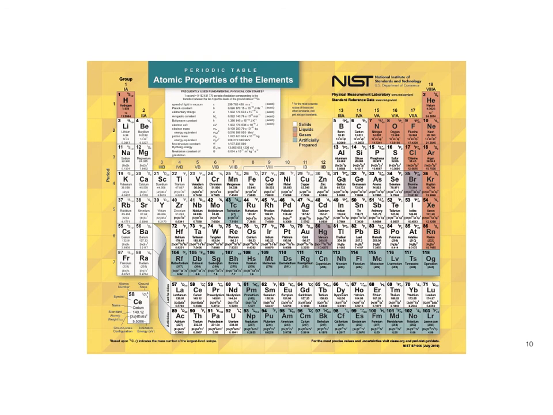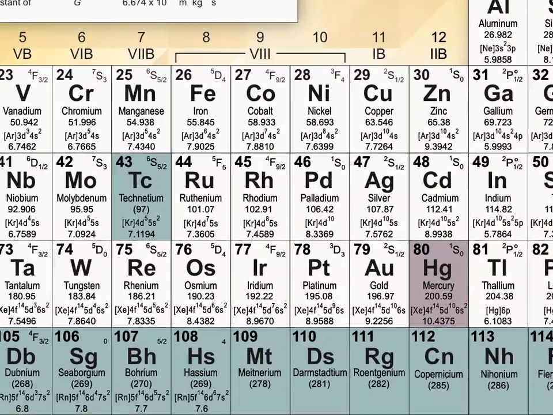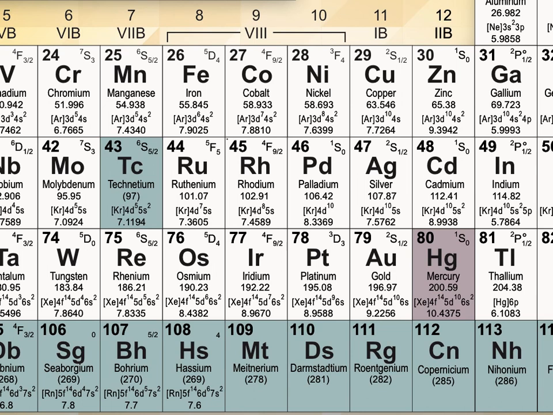So this is a copy of the NIST periodic table. NIST is the National Institute of Standards and Technology. And so if we were to zoom in on rhodium here, let me use a highlighter so we can see it and it won't color anything. So here we can see lots of information. Some of this information doesn't mean a lot to us. If we were to look at this region up here and some of this information down here at the bottom, so far this is all information we haven't talked about.